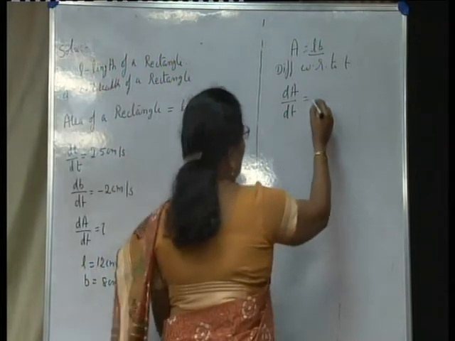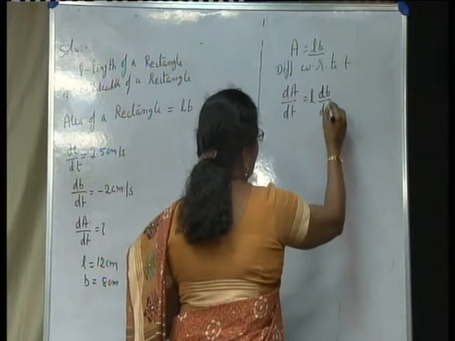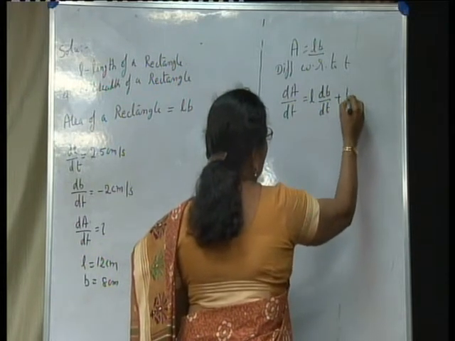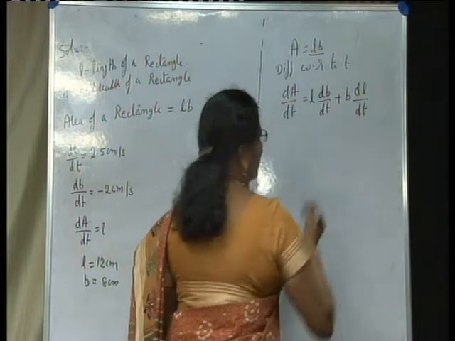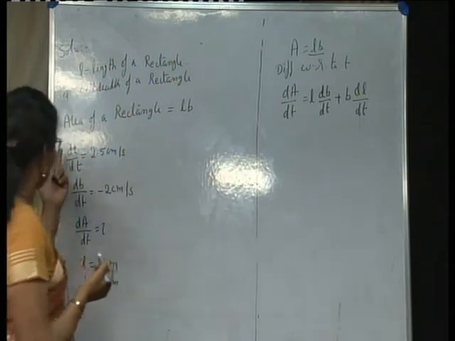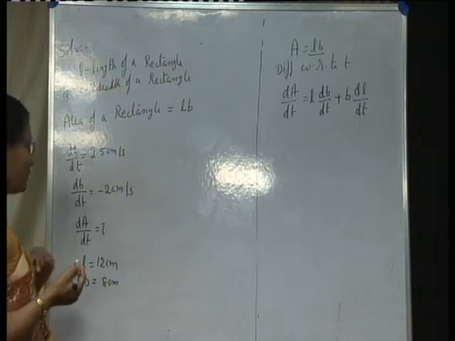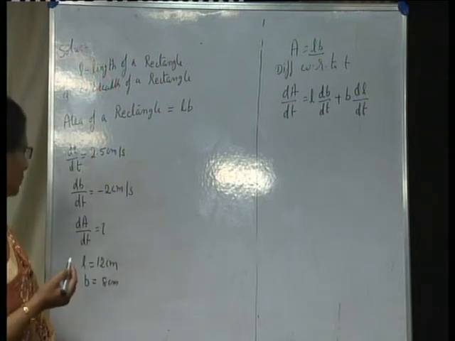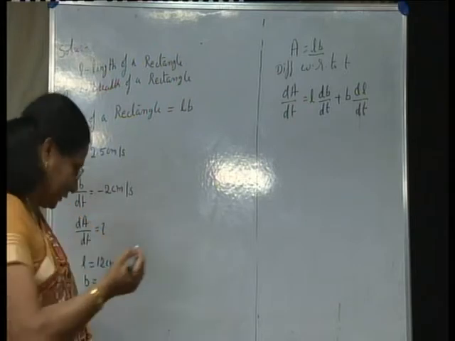First one, keep it as it is, derivative of the second one, plus second one, keep it as it is, derivative of the first one. It is a product rule. So, dl by dt is given, dB by dt is given, L is given, B is given. If you substitute it, you will get at what rate the area increases.